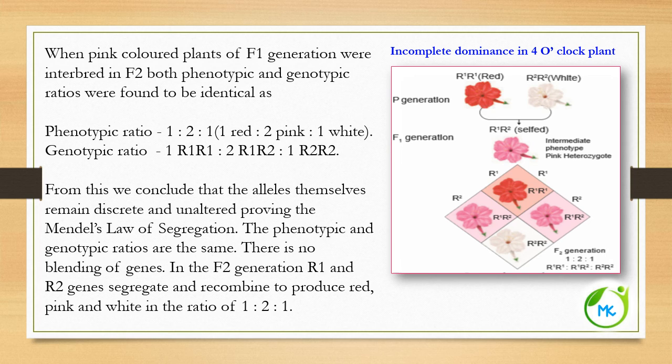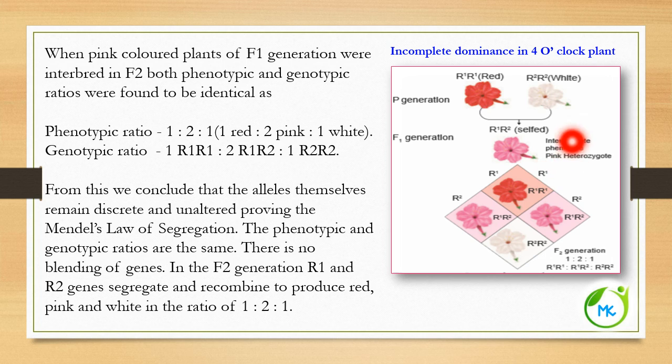So by this we are once again proving Mendel's law of segregation. Because if the alleles had mixed to form the F1 generation, we would not have got the parental type at all in the F2 generation. So once again, if the alleles had blended, here you could see the intermediate phenotype pink.